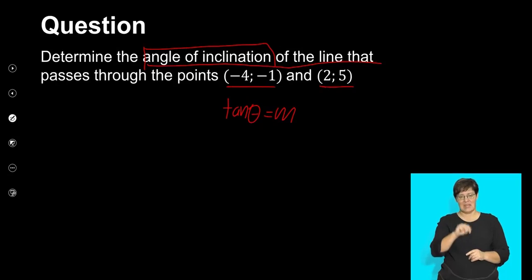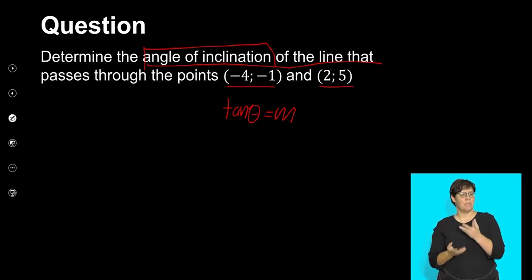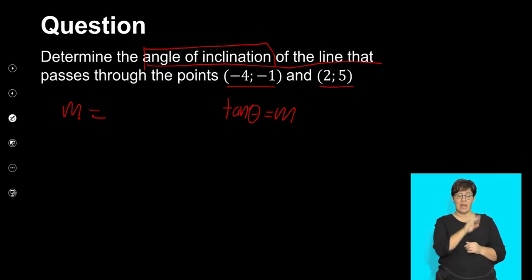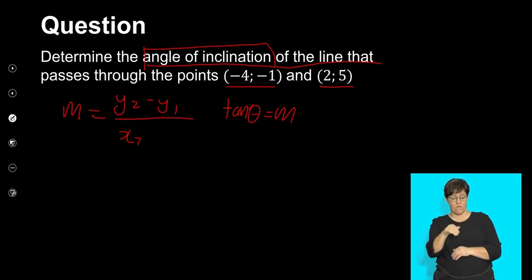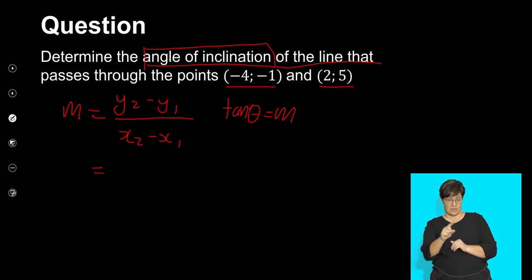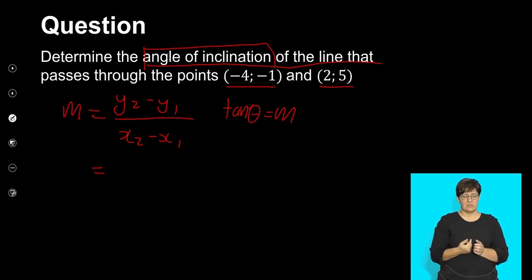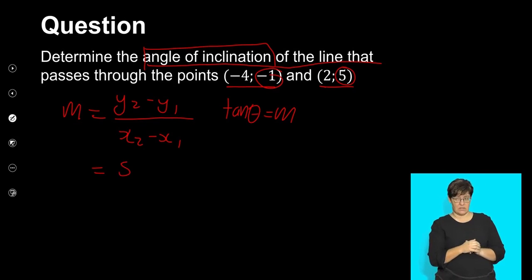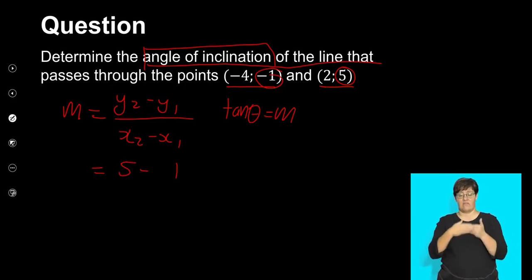And so here, how am I going to calculate the gradient? Well, I'm going to use the gradient formula. And so my gradient formula is y2 minus y1 over x2 minus x1. What is that? Well, let's go do that. I'm going to go y minus y, 5 minus 1. Again, this is where we need to be careful. I'm not subtracting 1.